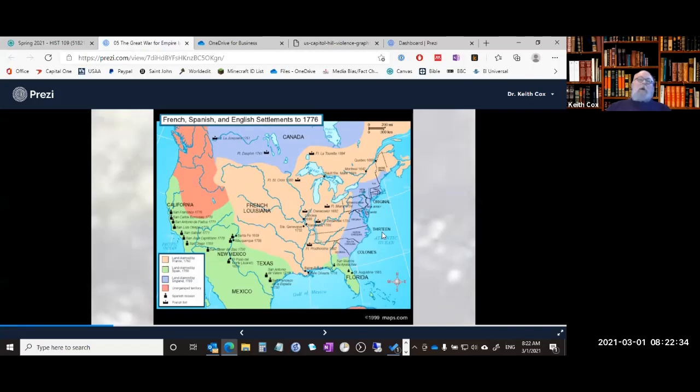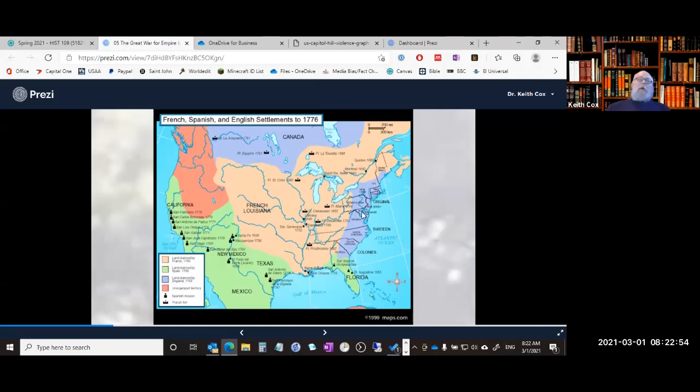When Americans got charters to settle these colonies, these colonies essentially started here on the Atlantic coast, and in theory, they went as far west as you can go.